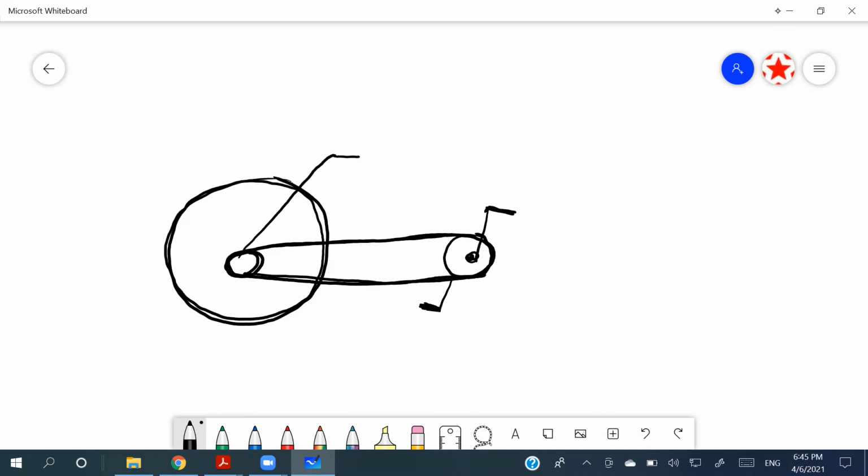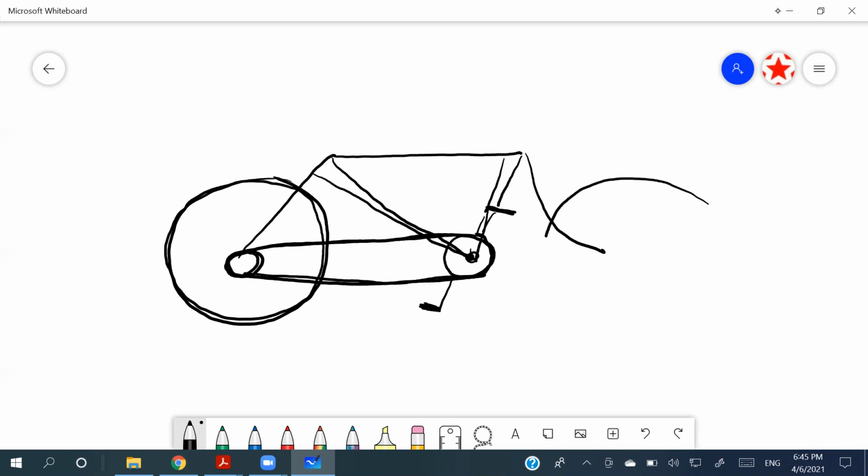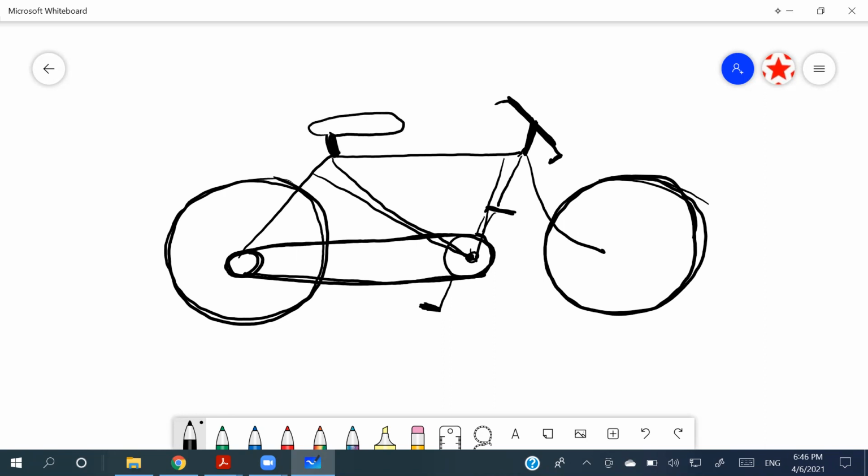And there is a frame, right, which connects all these things, right? And the front wheel is there, right? And we have the handle to balance the bike, and we have a seat to have the comfort, right?